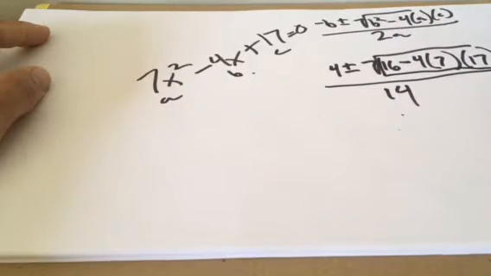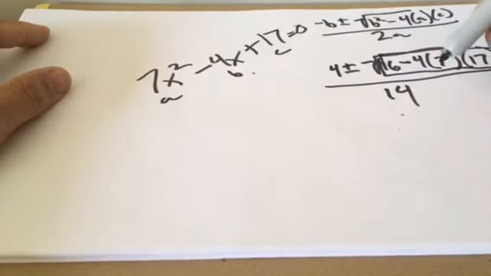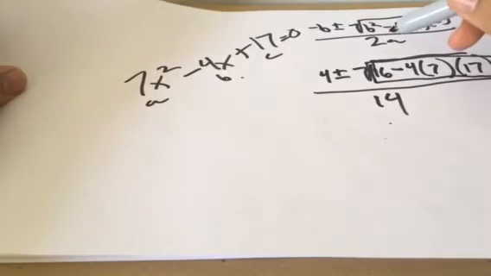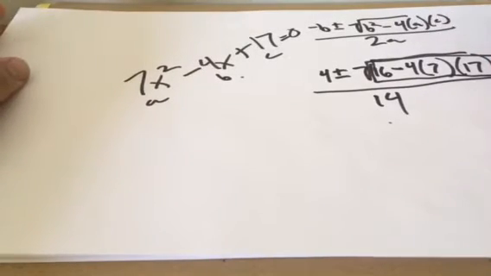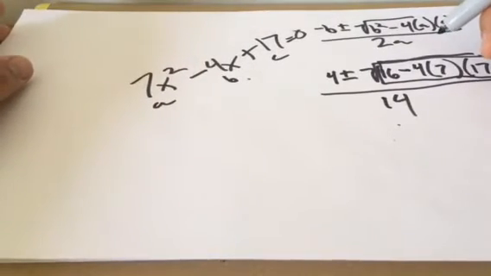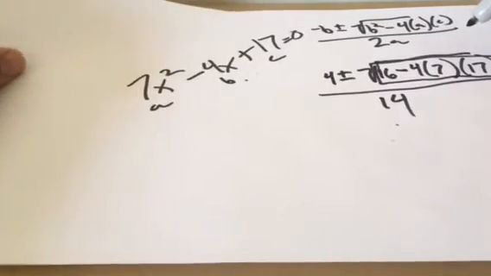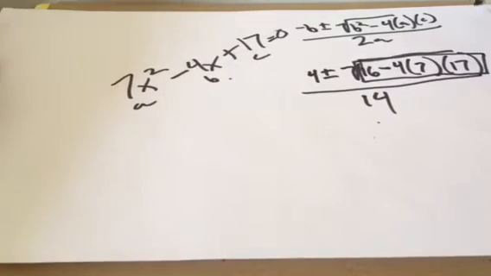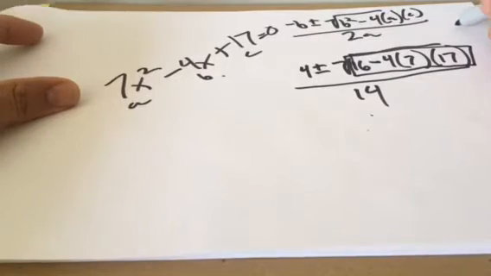This in the middle right here is what is known as the discriminant. And the discriminant dictates essentially if you are going to have two real solutions, one real solution, or no real solutions. And by no real solutions, that means the solutions will be imaginary.